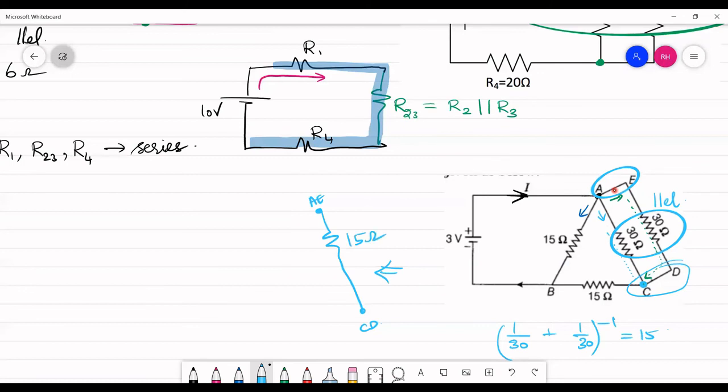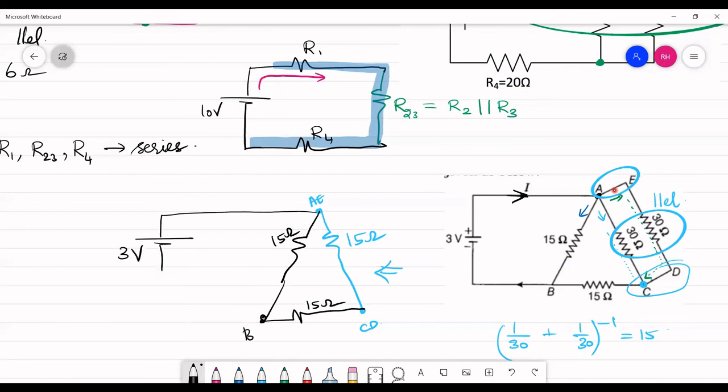Kindly verify using your calculator. Now I draw the remaining: 15 ohm. Here you have point B, and here you again have another 15 ohm, connected through C. And then here you have a 3 volt source.